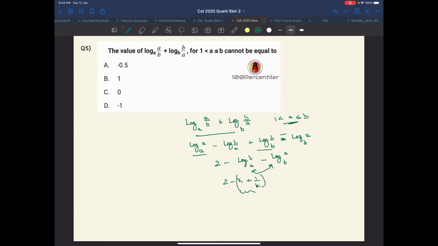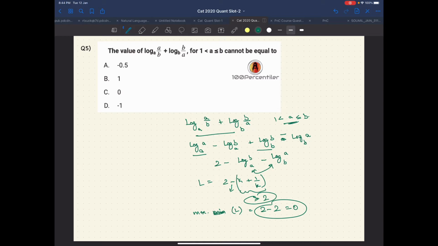Now we know that this particular value k plus 1 upon k has to be always greater or equal to 2. Therefore, if this is L, then the maximum value of L is 2 minus 2, which is 0, because we have a minus sign here.